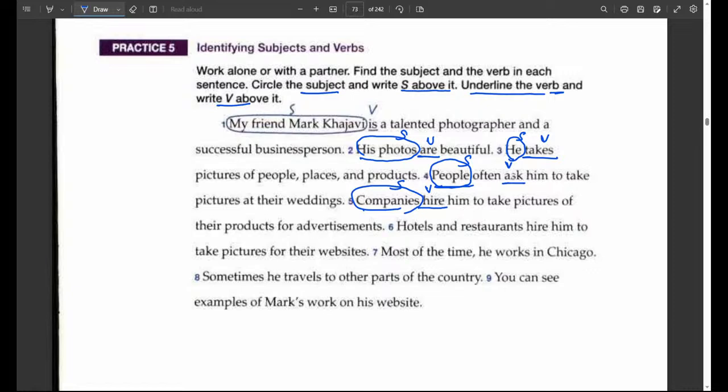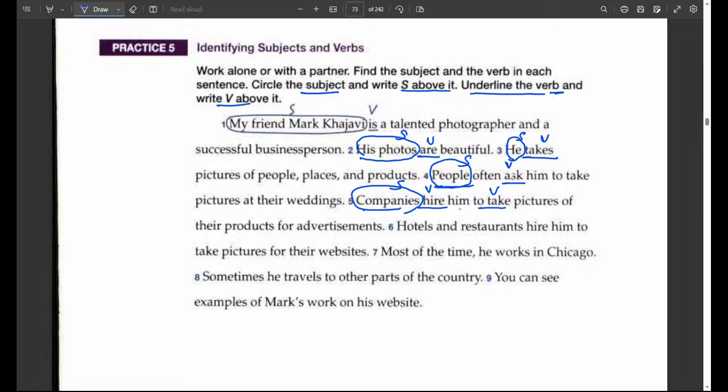So now here is one thing, the information is given all here again. To take is also a verb. So which verb is it? Are we saying hire should be the main verb here, or to take? To take is also a verb.